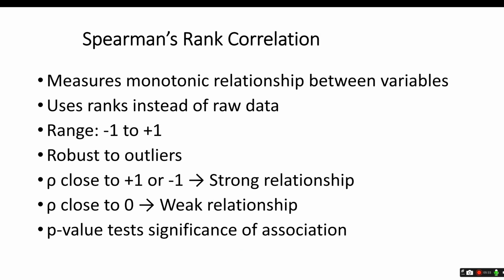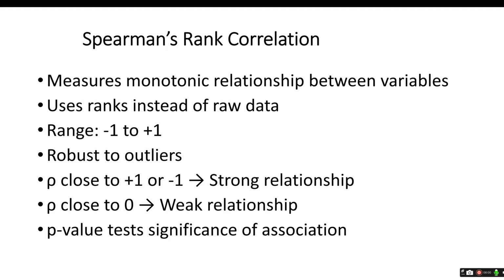The Spearman rank correlation. When the scatter plot doesn't look linear, it doesn't look like a proper correlation curve, if there is a monotonic or a polynomial kind of graph, then the Spearman rank correlation comes in.